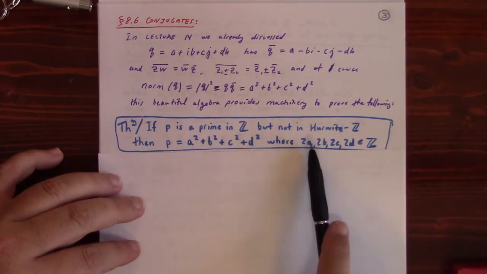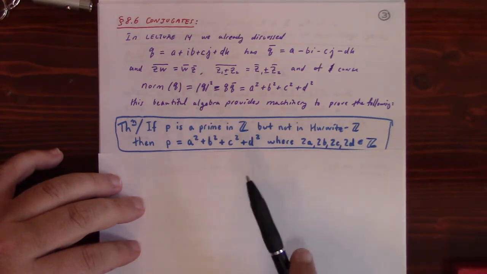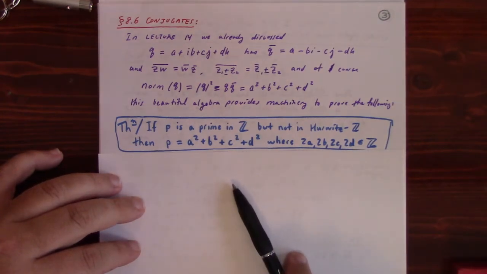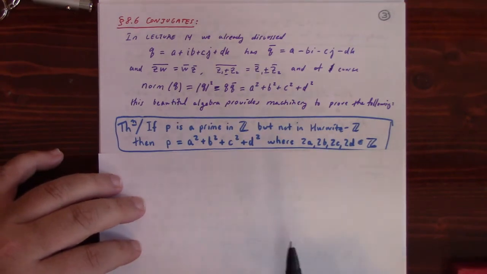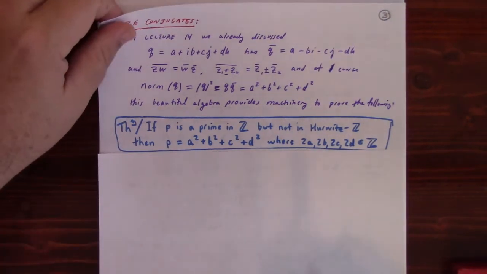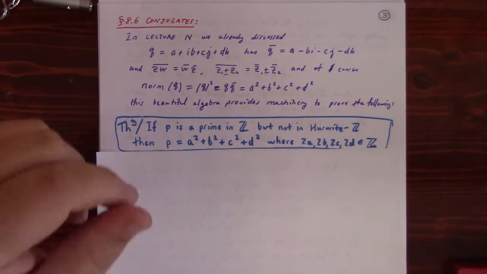Look at this. 2a, 2b, 2c, and 2d have to be integers. So that's interesting. So a, b, c, and d have to be like half integers, which means they could be integers if, you know, 4 over 2, that's still 2.